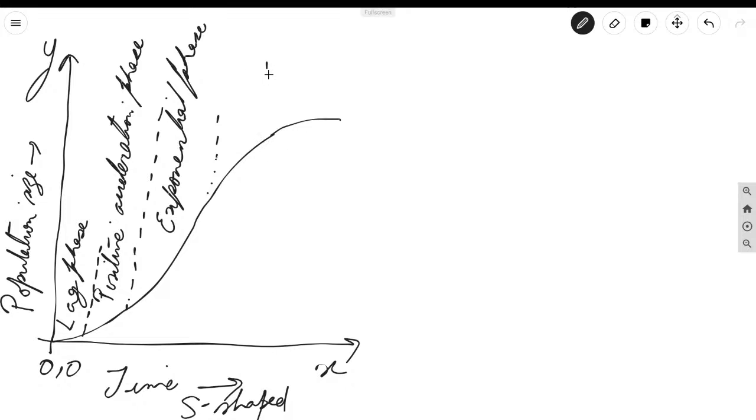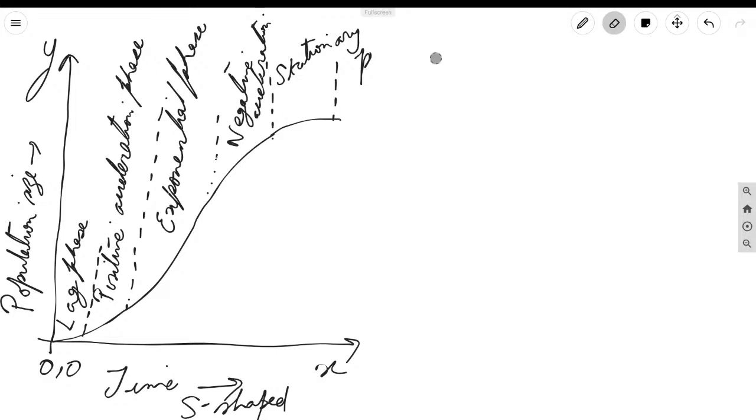This is the negative acceleration phase. Negative acceleration. This one is the stationary phase.